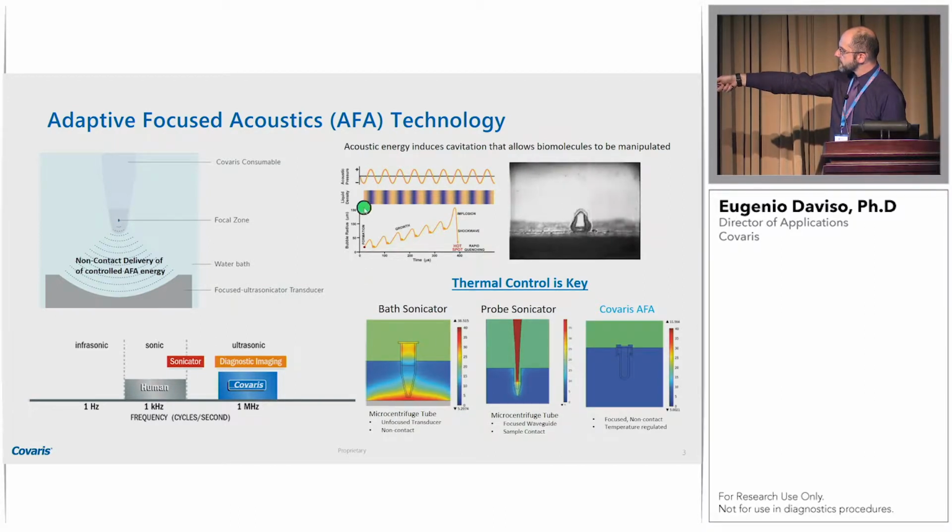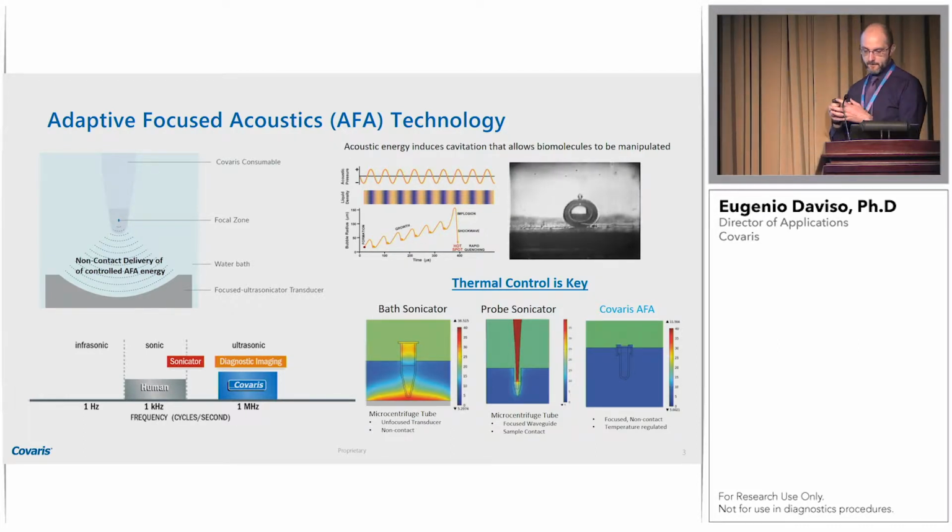On the y-axis, there is the radius of the bubble, and on the x-axis, there is the time. So the bubble grows until it reaches the maximum size, and then it goes through a rapid quenching that generates shear forces.